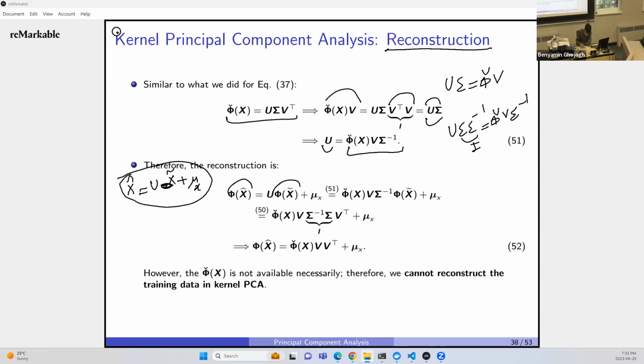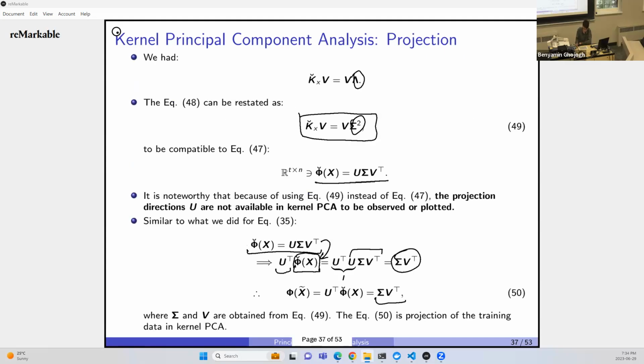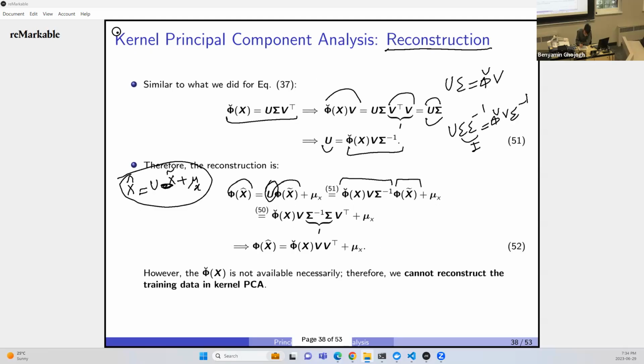Then replace U with equation 51. Right? Then what happens? Also, what is phi of X tilde? In the previous slide, we just showed that it is sigma V transpose. So I replace it with sigma V transpose. Interestingly, sigma inverse sigma occurs, which is identity. Therefore, we have this.